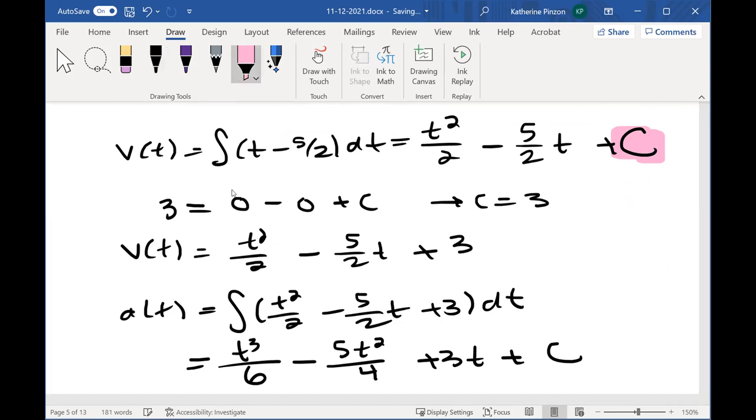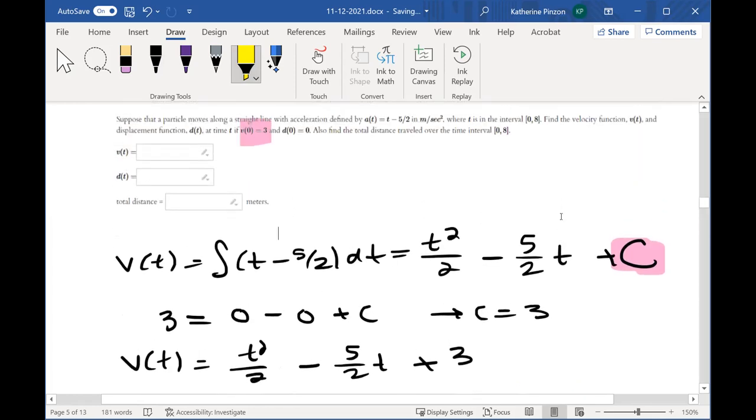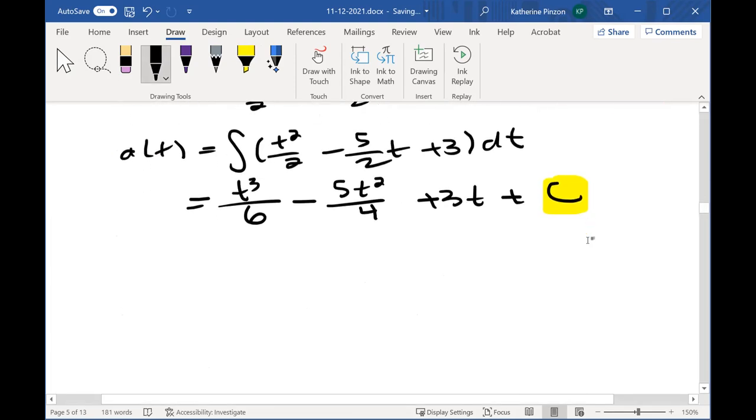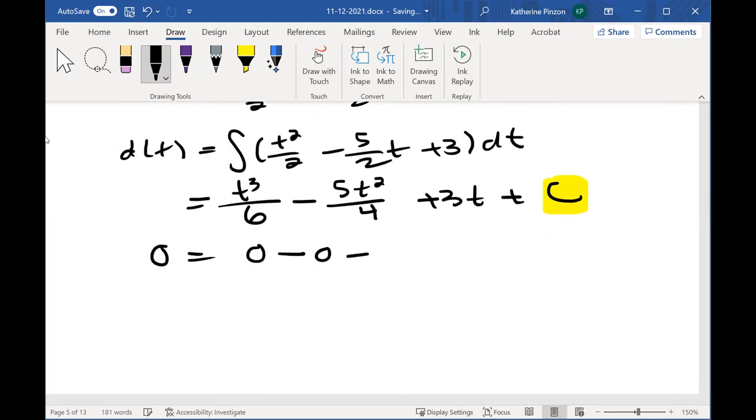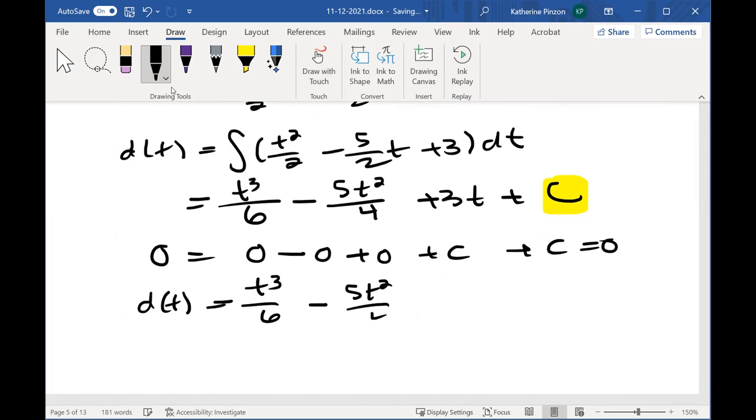Now I've got to find this c, and I'm going to use the fact that the distance at time 0 is 0. So 0 equals 0 minus 0 plus 0 plus c. C equals 0. So distance is t cubed over 6 minus 5t squared over 4 plus 3t plus 0.